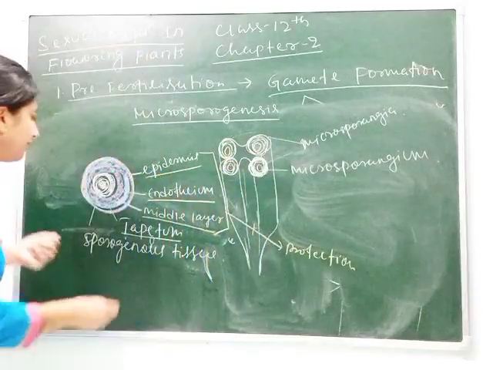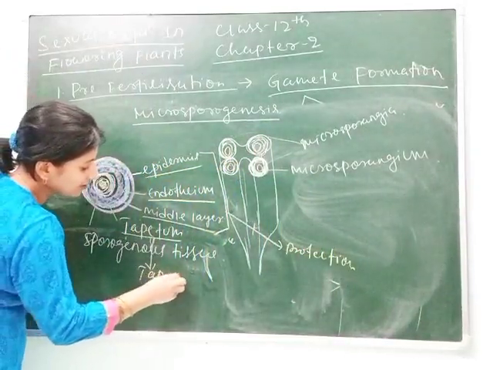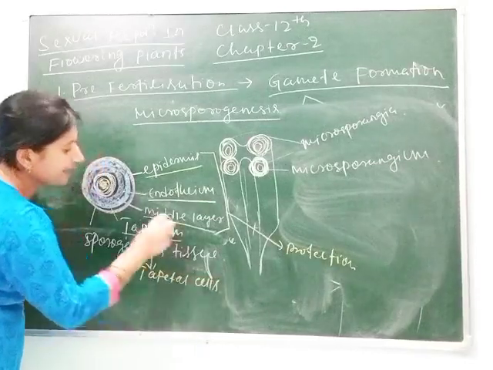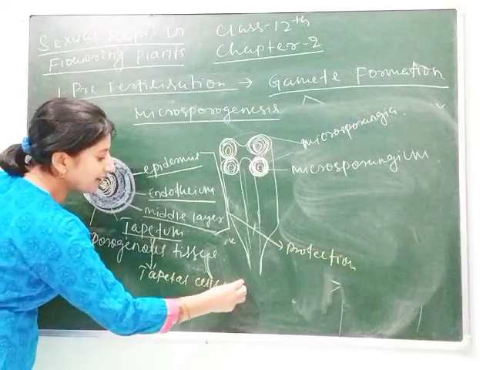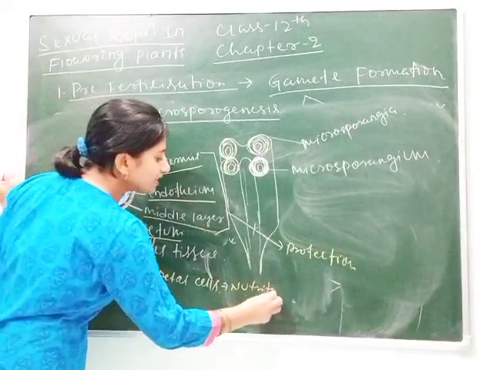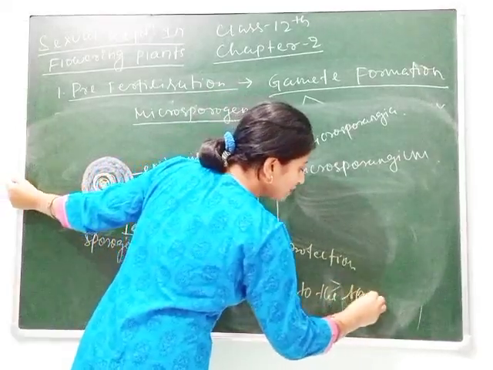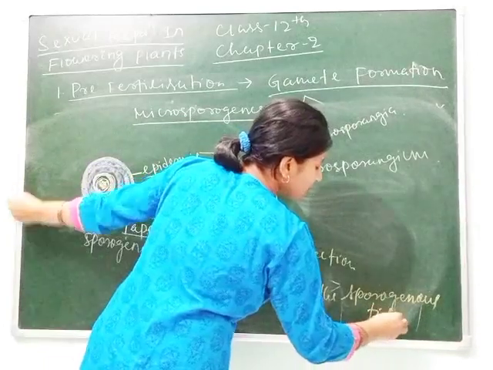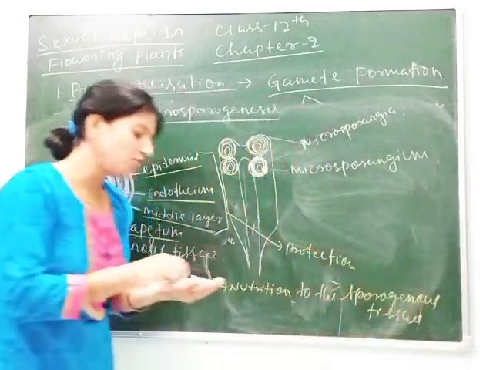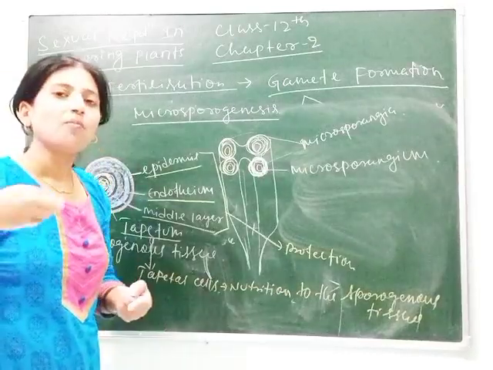Remember, the tapetum is made up of tapetal cells and they give nutrition to the sporogenous tissue, as the sporogenous tissue further divides to form pollen grain.